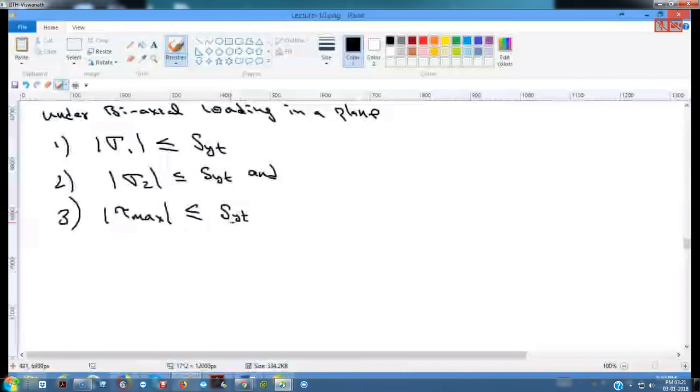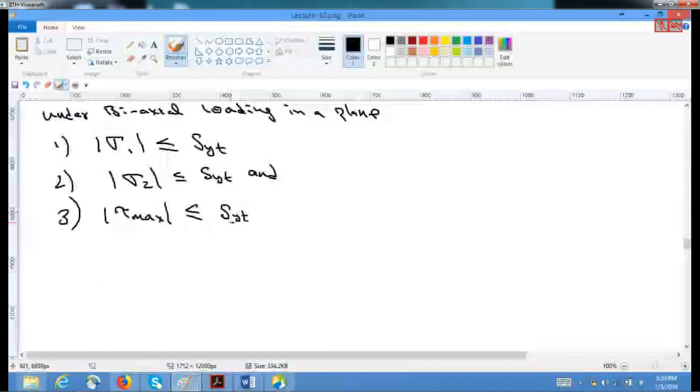the safe region, which is nothing but the elastic region, can be plotted. First, let's say this is the sigma 1 and sigma 2 plane. This is sigma 1, this is sigma 2.